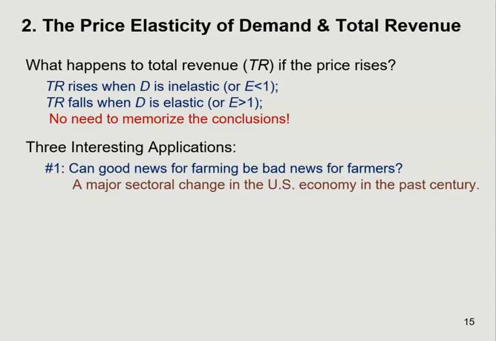When you check out the discussion at the beginning of this application, you would find that it's a microeconomic analysis about farming and the farmer's income. But towards the end, we apply this to the US economy and find that this can actually explain what happened to the US economy in the 20th century.